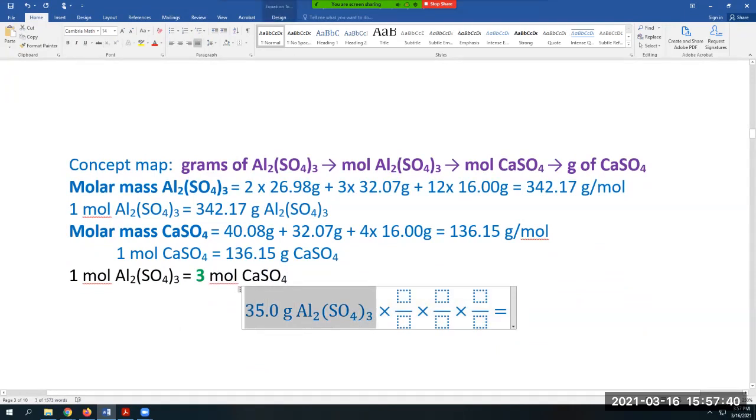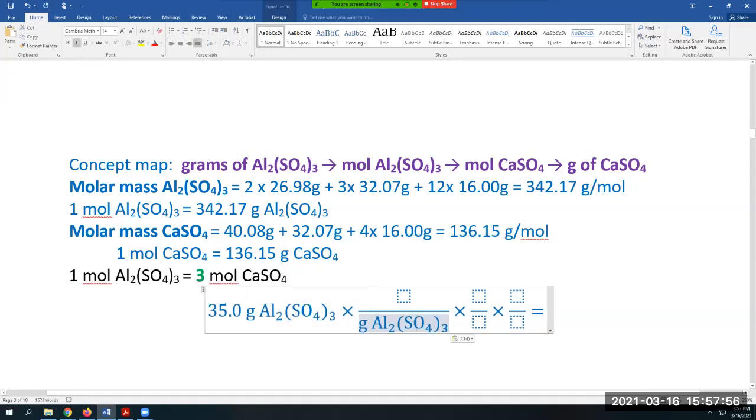It's actually in the numerator, and you could draw a line and then write a 1 in the denominator. So we need to cancel the given unit, right? The grams of aluminum sulfate need to be in the denominator of the conversion factor that comes after the given amount, so that we can cancel those units of grams of aluminum sulfate.